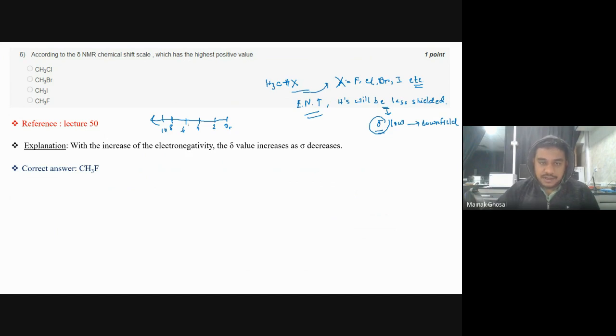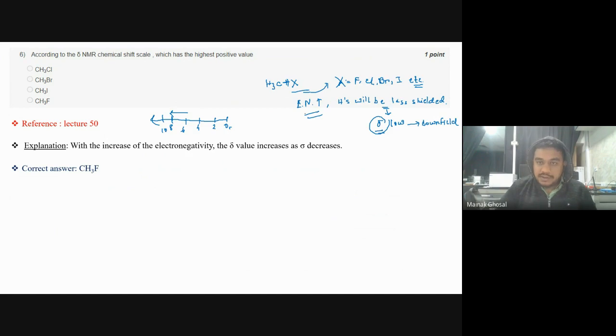So this is downfield shift. That means it is downfield shifting, so its value will be high.